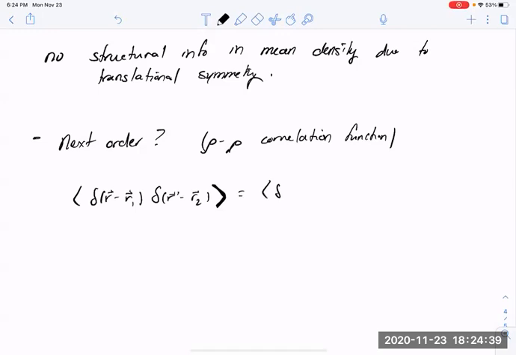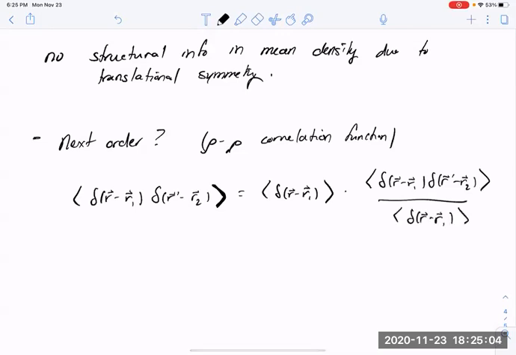Let's multiply top and bottom by the probability of finding particle 1 at position R. So that's just rewriting it, multiplying by 1.